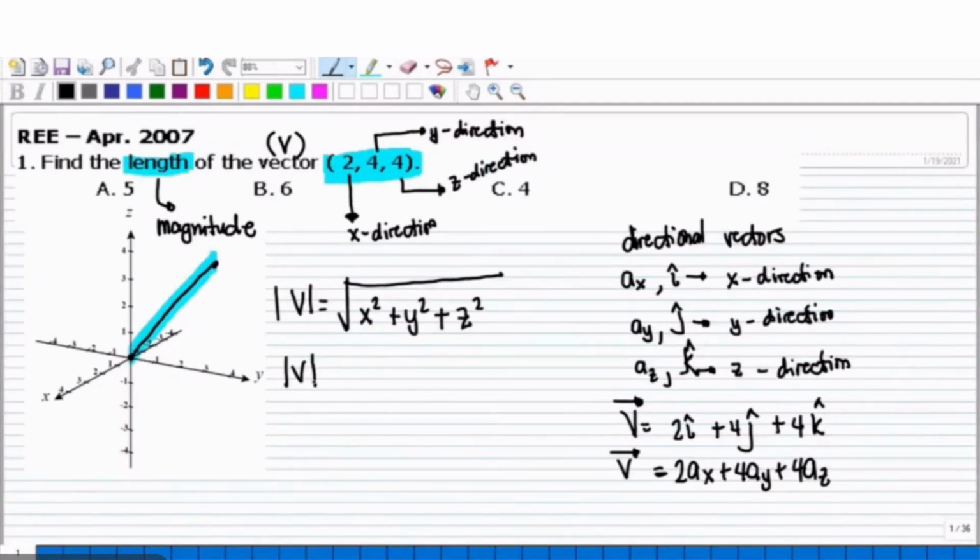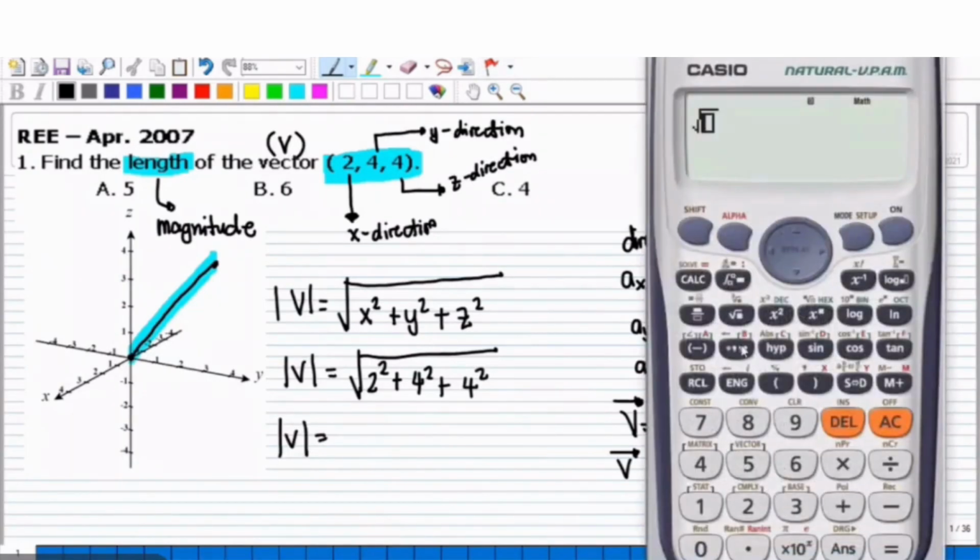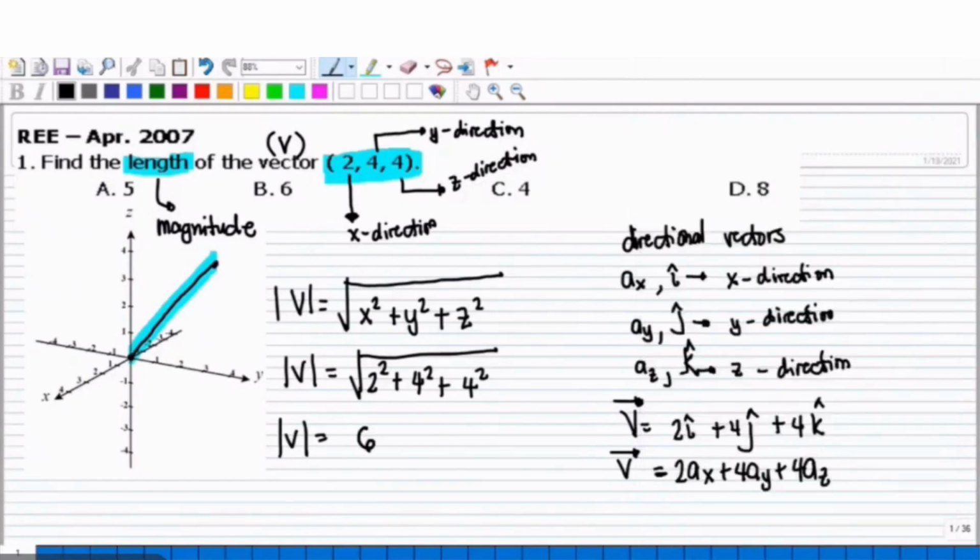So that is V now is equal to square root of 2 squared plus 4 squared plus 4 squared. So this is 6. Okay, so therefore the magnitude or the length, this is 6. Letter B po.